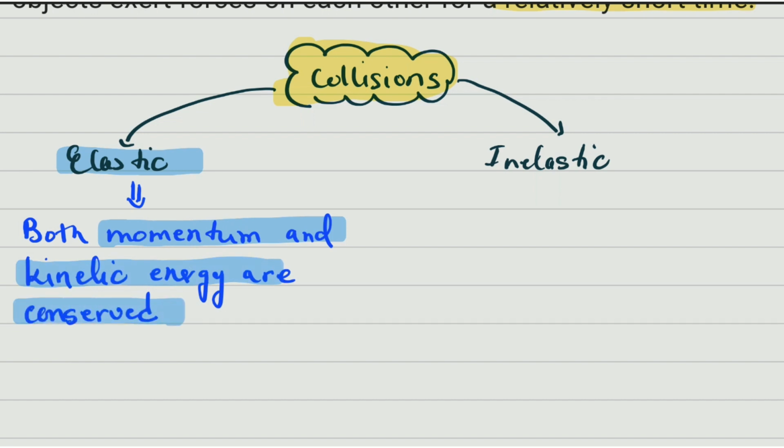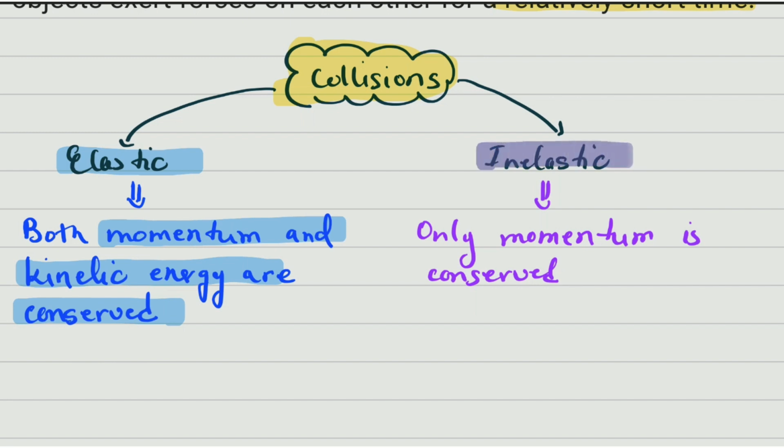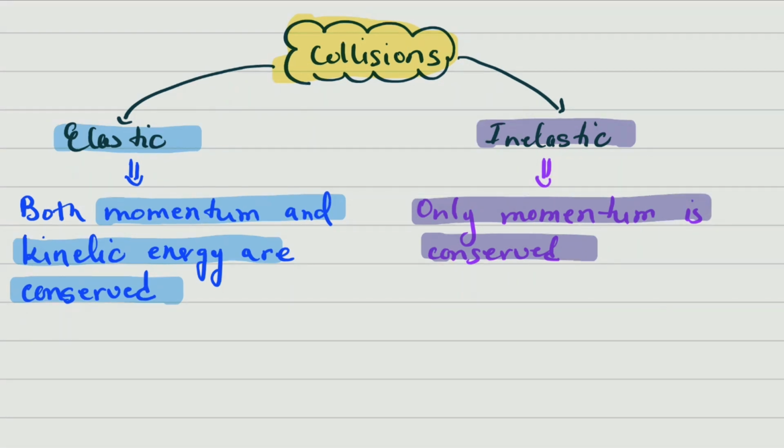A collision is going to be inelastic when only momentum is conserved. So kinetic energy is not going to be conserved here. So in an elastic collision, the change in total kinetic energy is going to be equal to 0.